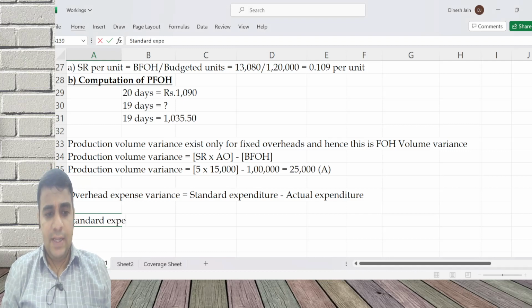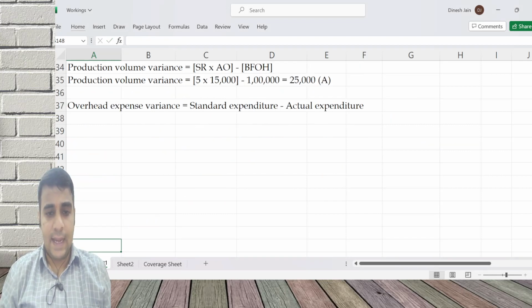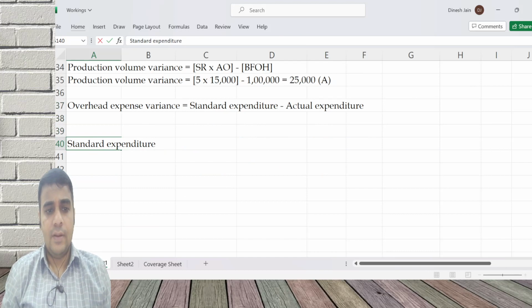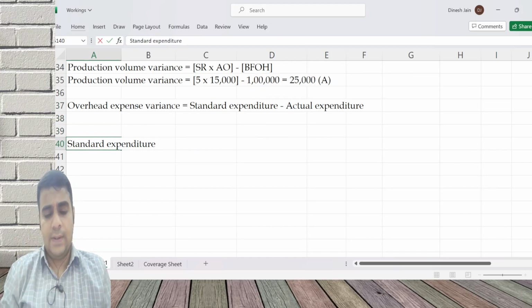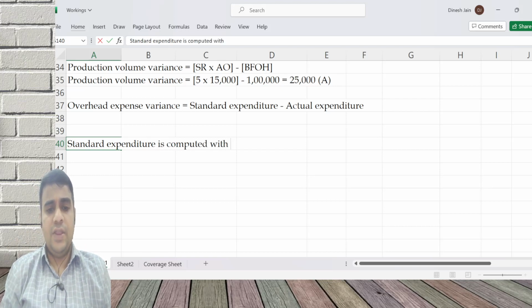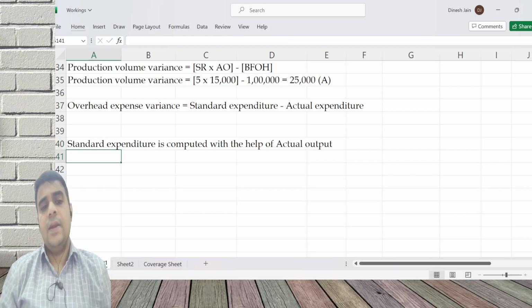Standard expenditure, as I've said, any variance is the difference between standard and actual, and standard expenditure is computed with the help of actual output.